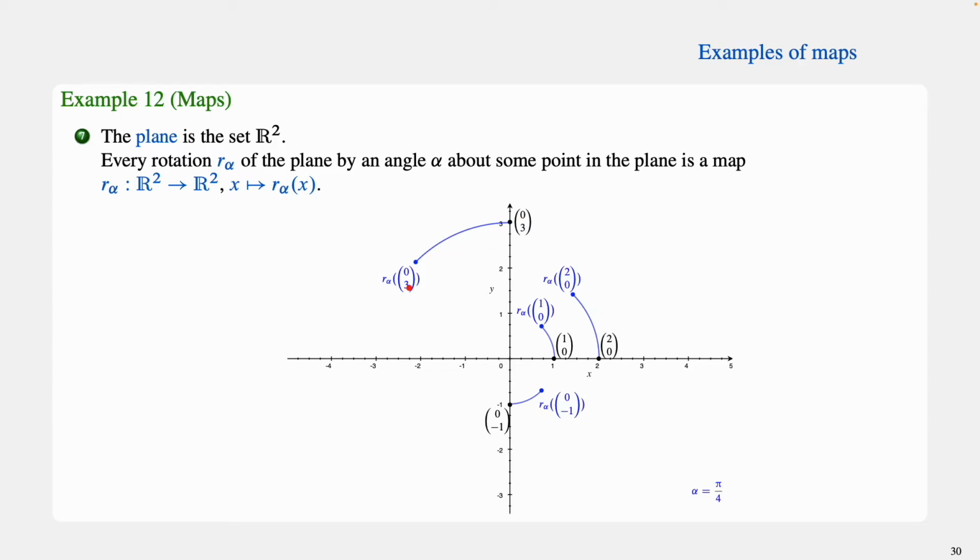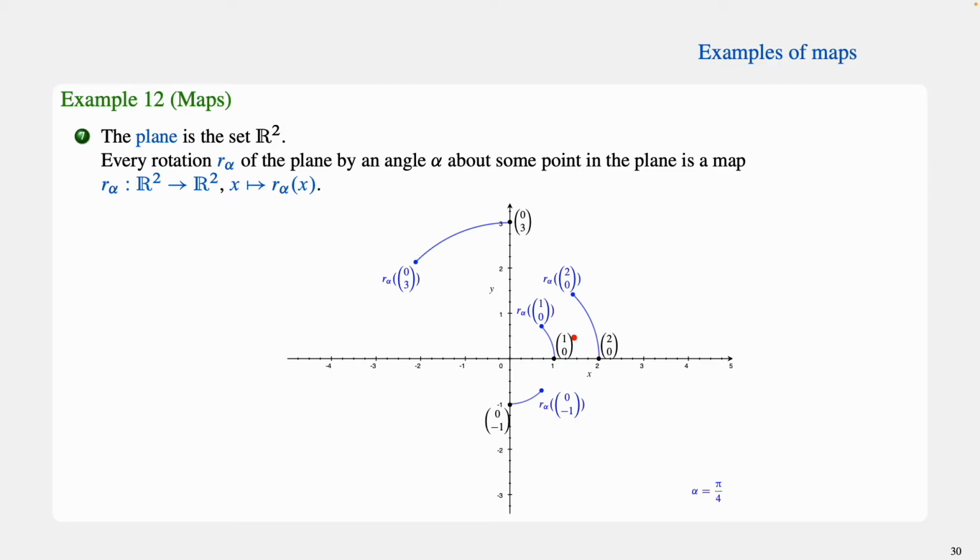So I have this image here to clarify this a little bit. Here the rotation is taken about the coordinate origin, and I took alpha to be pi over 4, so this corresponds to a 45-degree angle. And now look what happens to some of the points. I took a few points here and showed where they get mapped to.